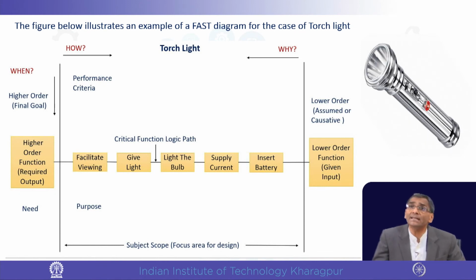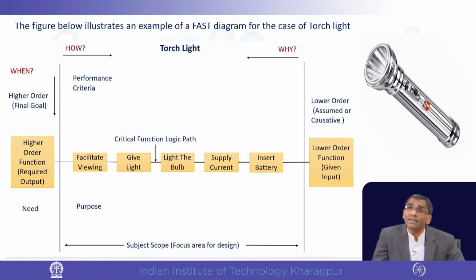How is the bulb lit? It is lit by supply of current, of voltage. So, that is how the bulb is lit. Where is the supply current coming from? Battery, insert battery.